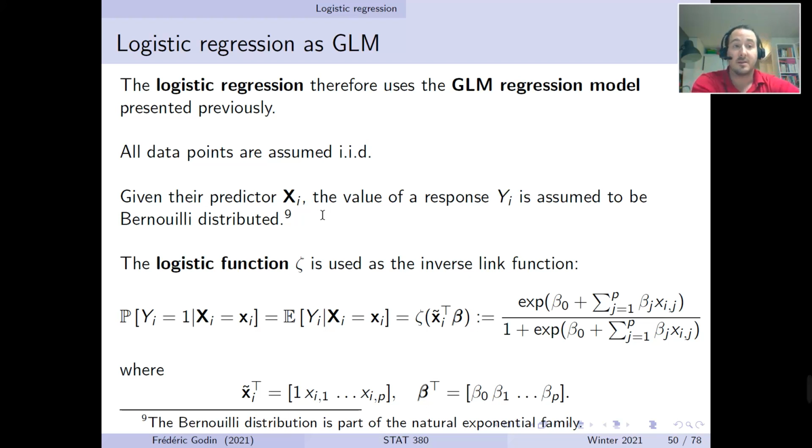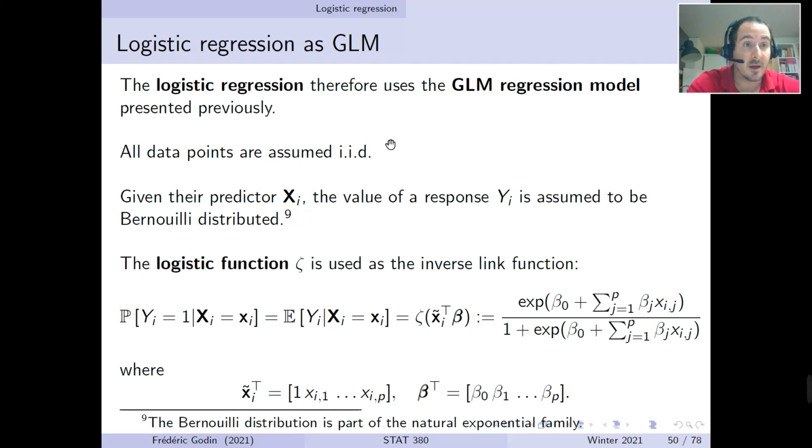As in GLM theory, we assume that all data points are IID, independent and identically distributed. Then in the GLM model, we assume that, given the predictors, the response is drawn from a distribution of the exponential family.